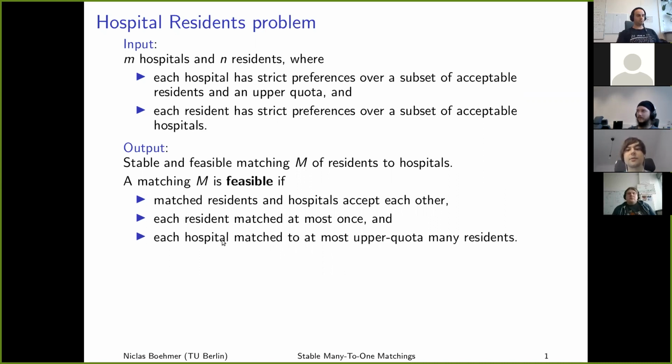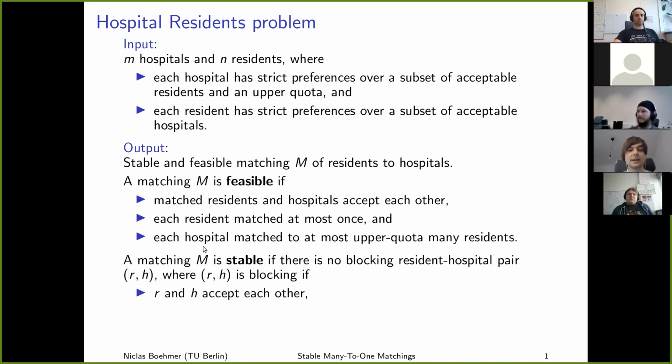On the other hand, we have the hospitals. The hospitals can be part of multiple edges in the matching, matched to multiple residents, but we require that they are matched to at most upper quota many residents. So the number of residents matched to a hospital needs to be equal to or below its upper quota. We now come to the definition of stability, which we define by the absence of so-called blocking pairs.